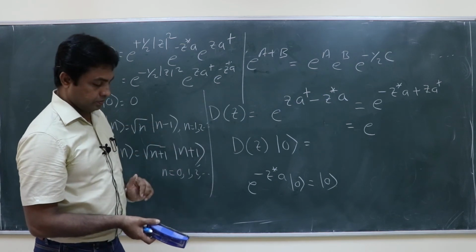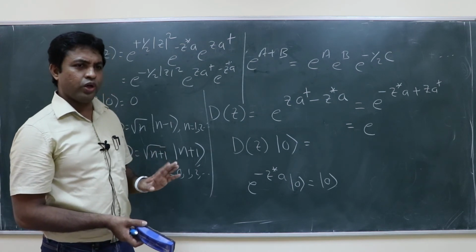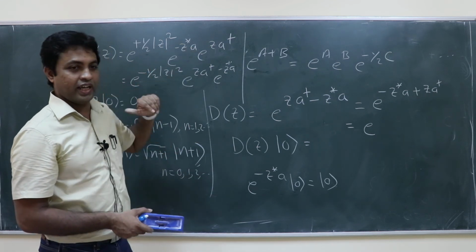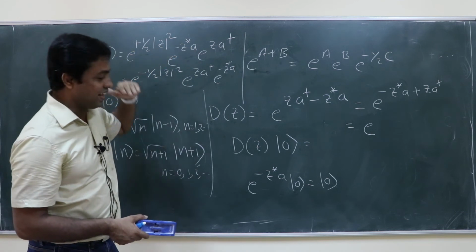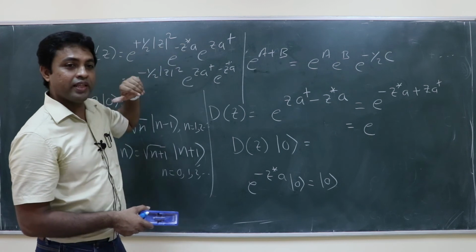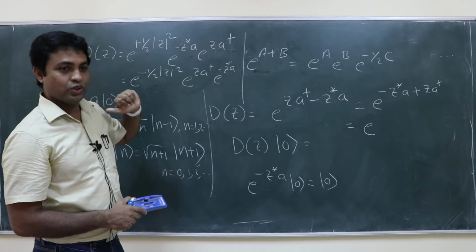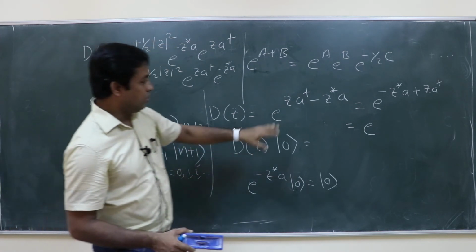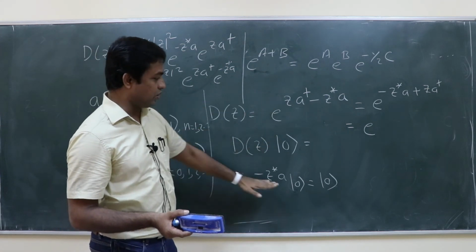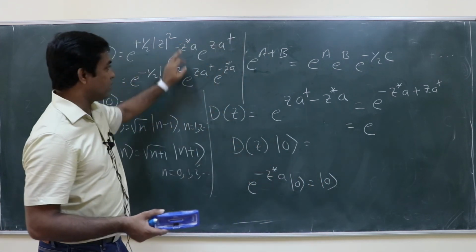Sir, the answer in both cases would be the same? Yes, it will be the same. So I am giving you that as an exercise: do it with this, and give me whatever answer you get. Then we will discuss that in the next class. There are 4 ways you can do it: this one acting on ket 0, this one, this one, and this one.